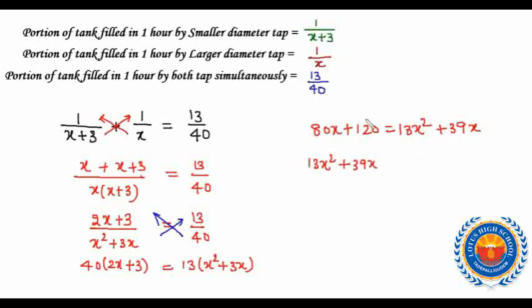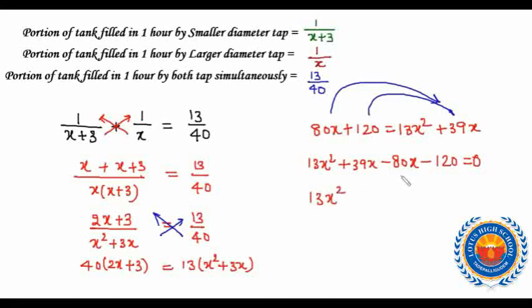Now I'm shifting this from left to right, so it will change the sign, that is minus 120. Also this will change the sign as minus 80x. So I'm writing here minus 80x, also minus 120 equals 0. So on simplification we get 13x square minus 41x minus 120 equals 0. So this is our quadratic equation.